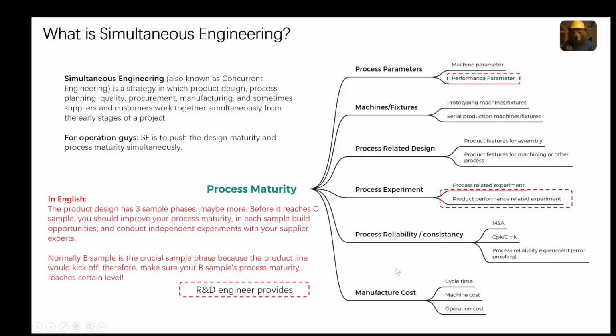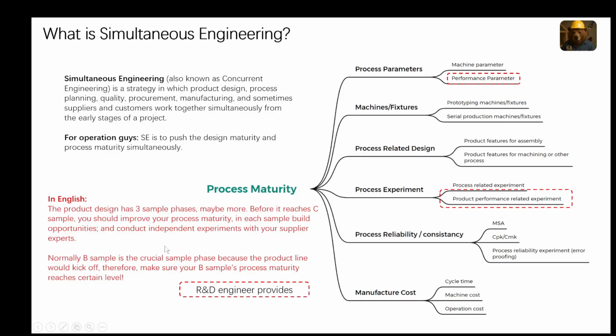Okay, the next topic we're going to talk about is simultaneous engineering. So, what is simultaneous engineering? I've heard this concept 2 or 3 years ago. It's basically just two tasks done in parallel, and then you can call them simultaneous engineering. It's a very easy definition. I've written the official definition here, but I want to explain it in another way.